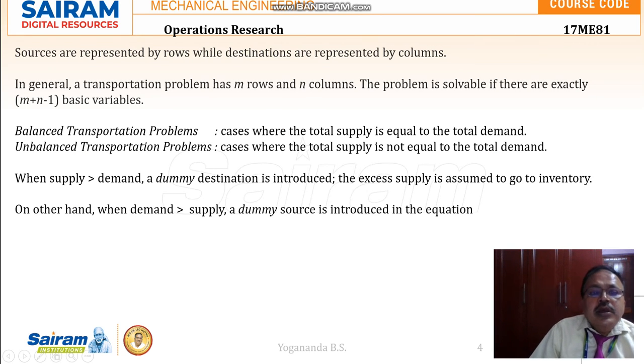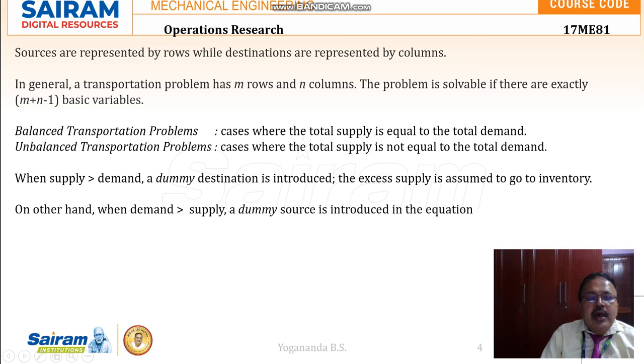We have m number of rows and n number of columns here. The problem is solvable if we have m plus n minus 1 number of basic variables. As I said, balanced problem means the total supply is equal to total demand. Unbalanced means total supply is not equal to demand.